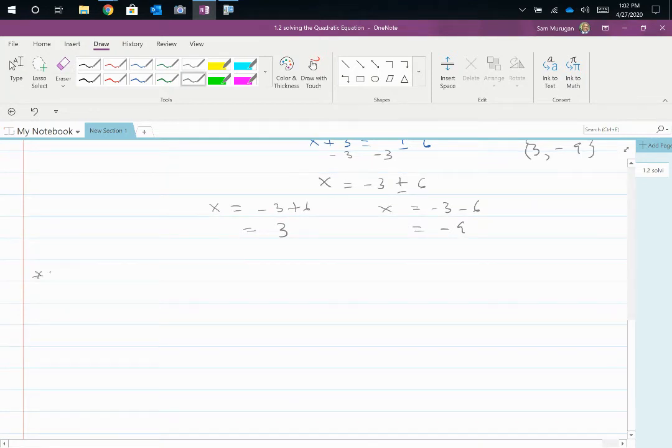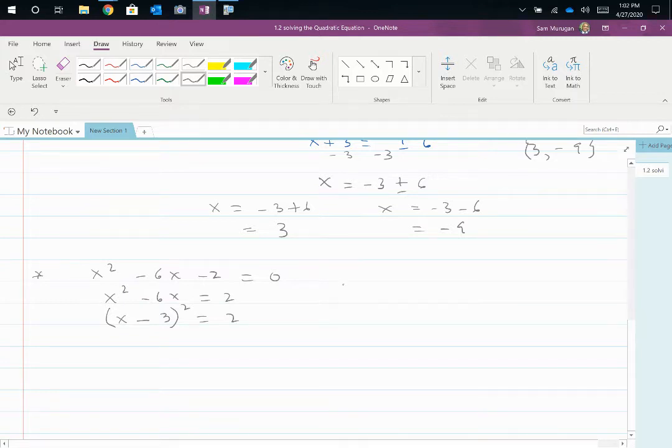More examples. x squared minus 6x minus 2 is equal to 0. So x squared minus 6x is equal to positive 2. x, bring down that negative sign and take half of 6, which is 3.